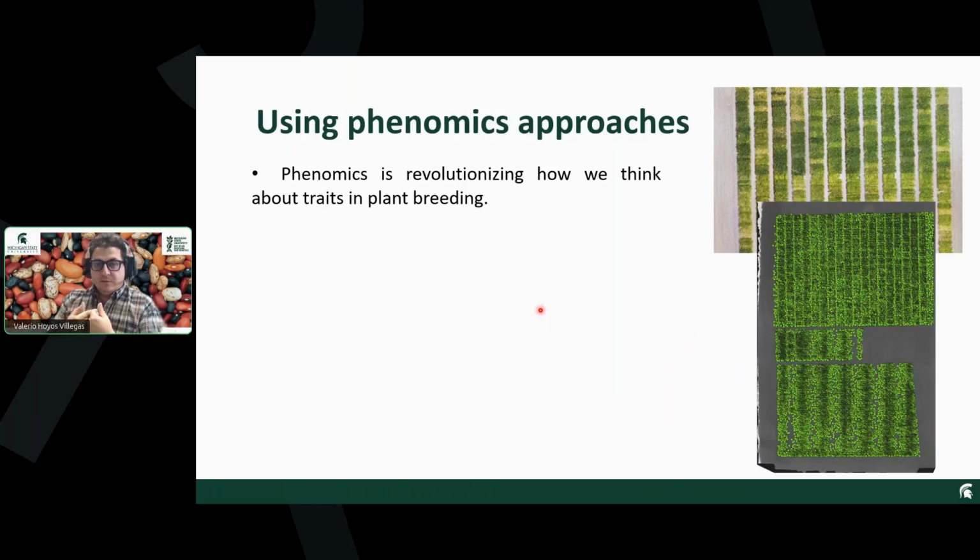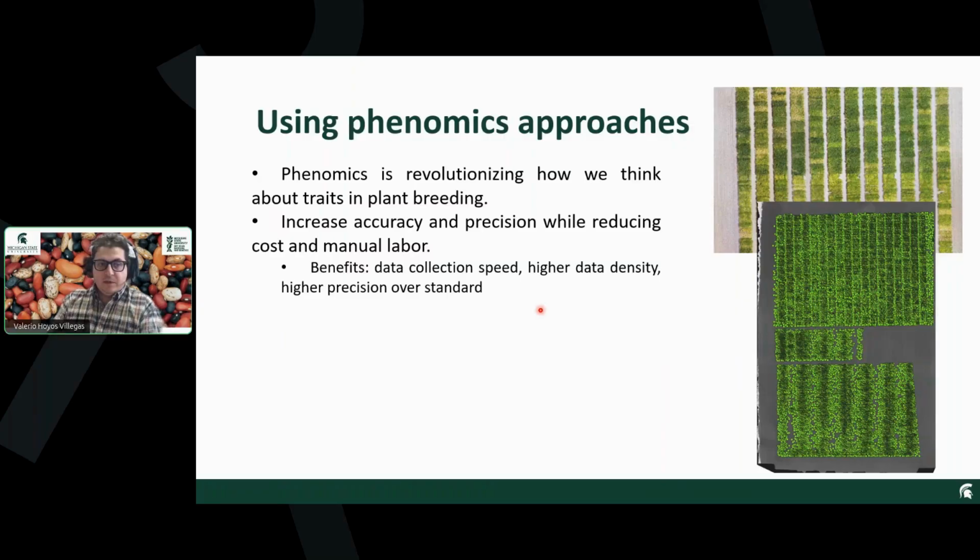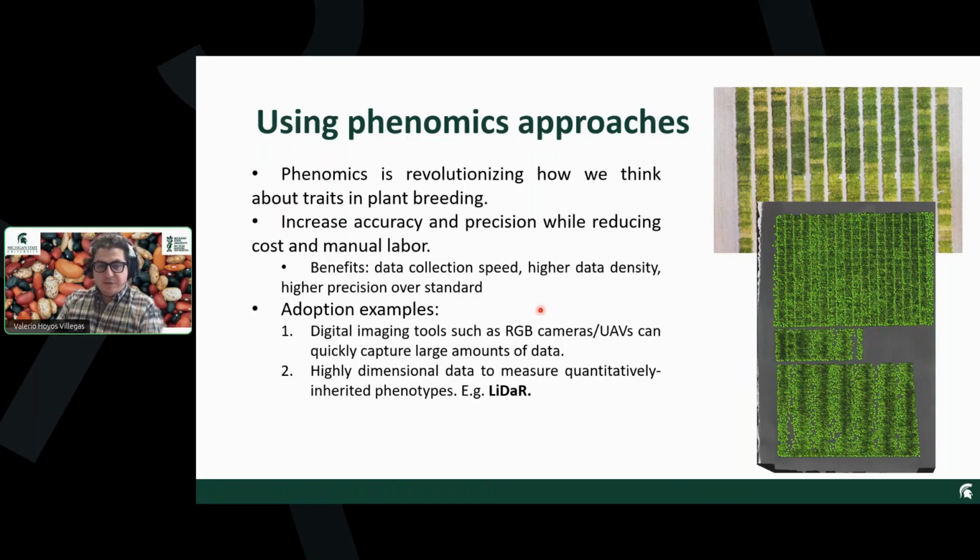So phenomics is revolutionizing this paradigm. It's providing an opportunity to increase accuracy and precision while reducing costs and manual labor in breeding programs. This comes with some benefits such as data collection rates, higher data density, and higher precision over our standards.